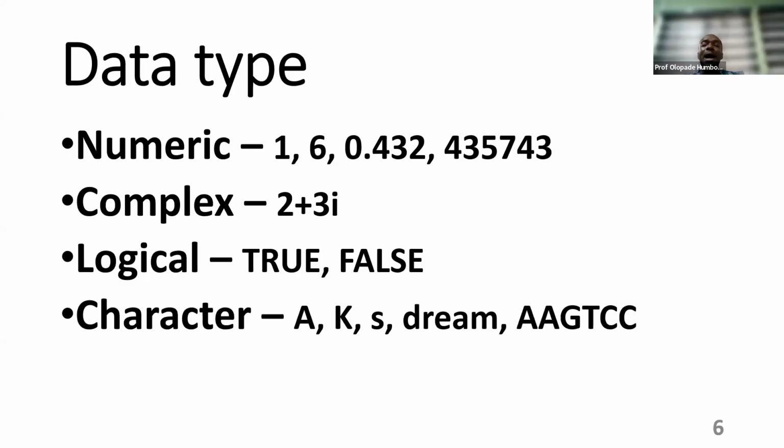R also recognizes characters or strings, be it small letter or capital letter. That's why R is also used to analyze genomic sequences, be it genomics, proteomics, transcriptomics. R can be used to analyze such data because it can work with characters as well.